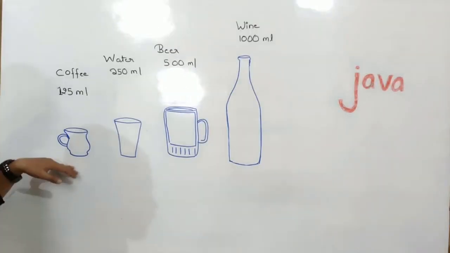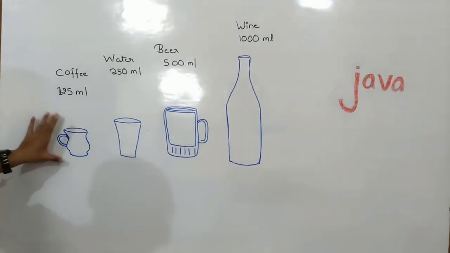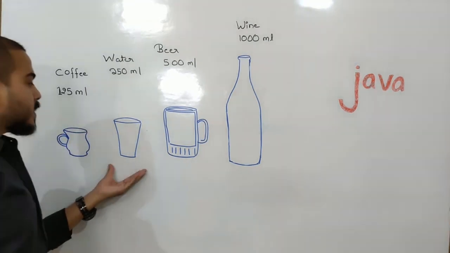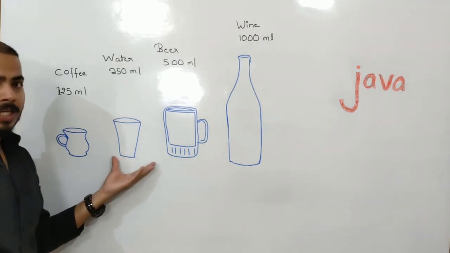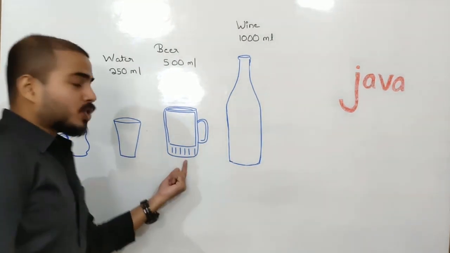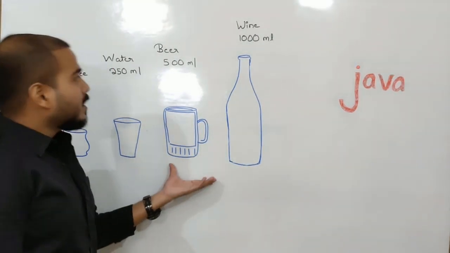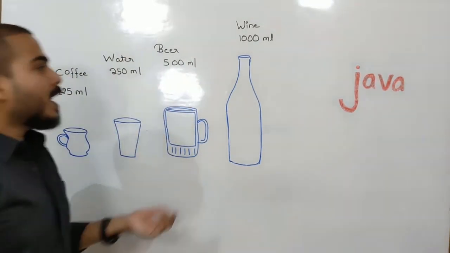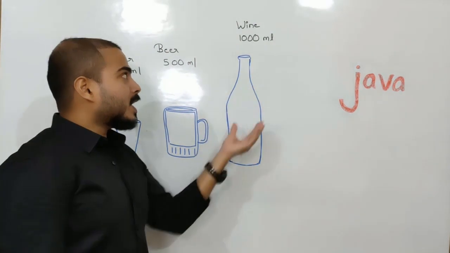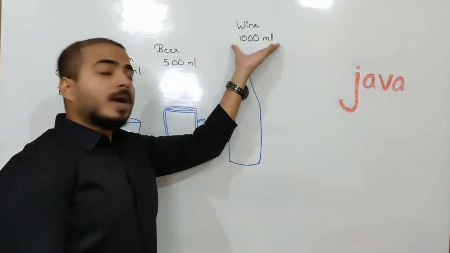Now the first one that you see here is an example of a coffee cup. The next one is an example of a water glass. Obviously, you use it on a daily basis to drink water. And this one, strictly for adults, is a beer mug that has a capacity of 500 ml. And the last one is a bottle in which wine comes.